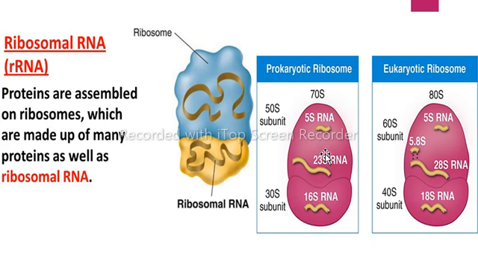The large subunit contains 5S RNA, 23S RNA and 31 proteins, while the small subunit has 16S RNA and 21 proteins. The eukaryotic ribosomes are 80S and are larger than prokaryotic ribosomes.